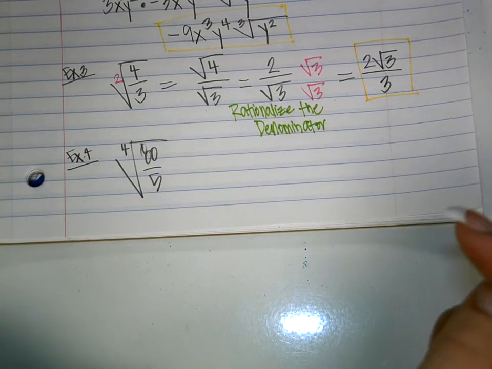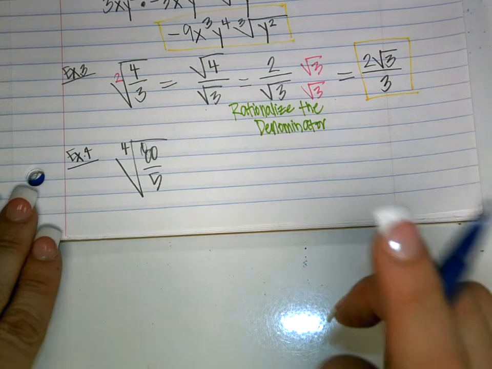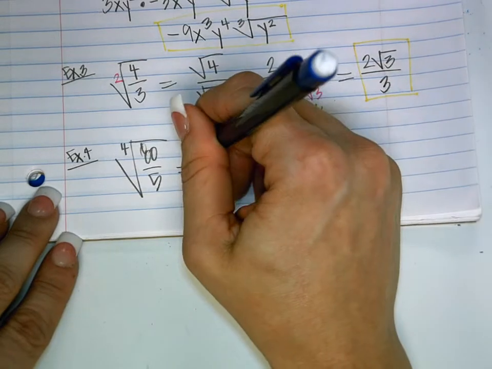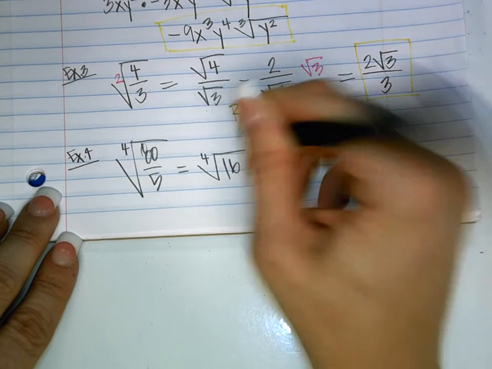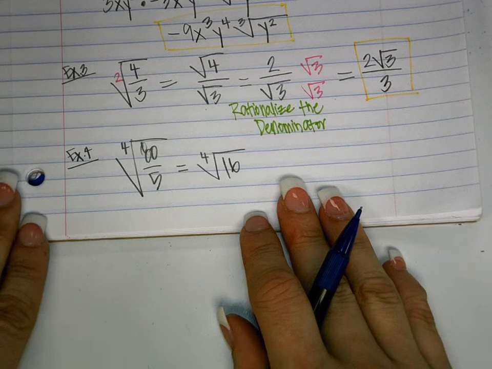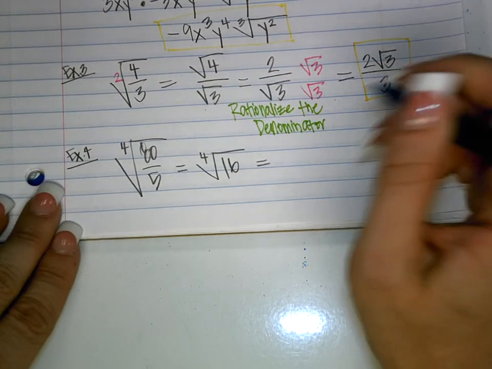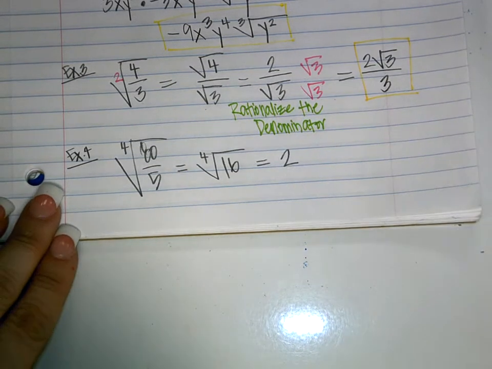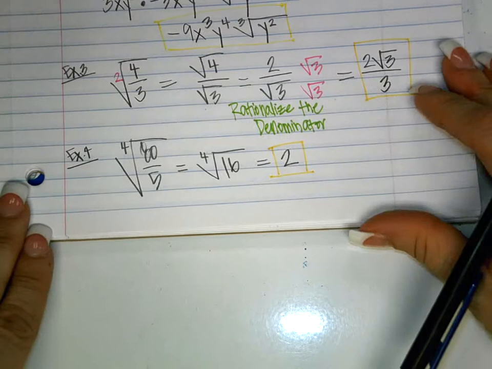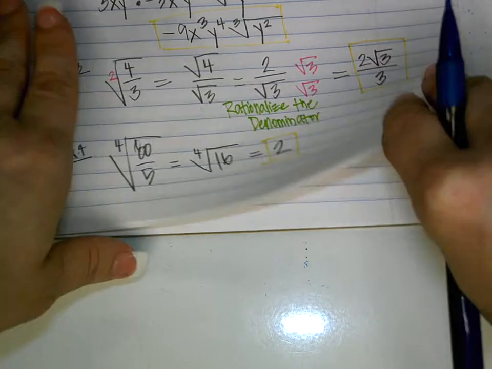Yes, and you can reduce them because they are both underneath the same radical. How many times does 5 go into 80? 16. So this is really the 4th root of 16. Look, now I got rid of the denominator, so I'm not going to have to rationalize it away. So reduce if you can. Then what is the 4th root of 16? 2. That's your answer. So if you can reduce, you should first. Questions so far? No? Okay.